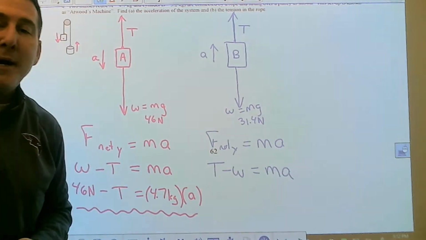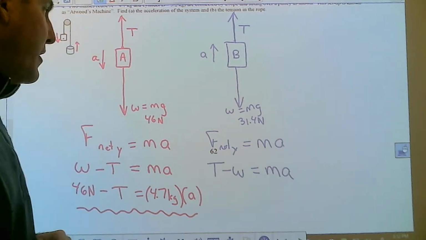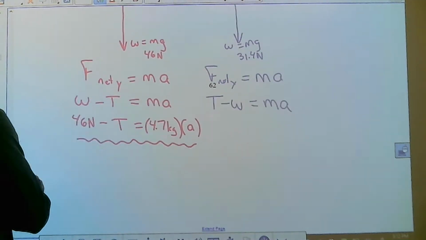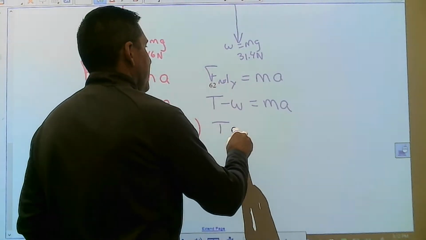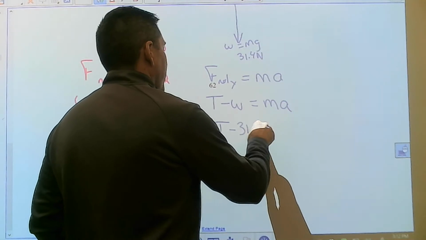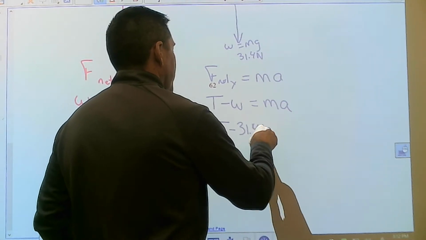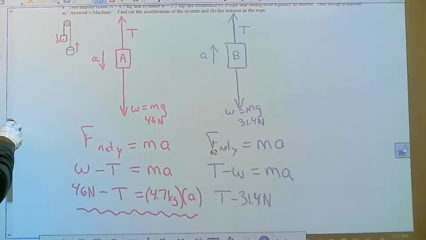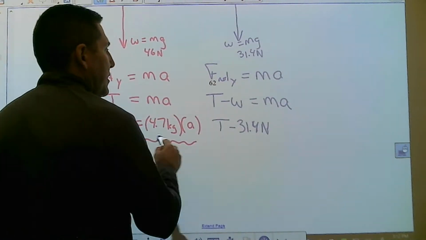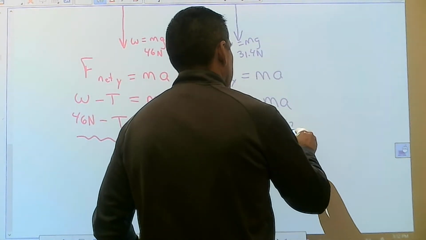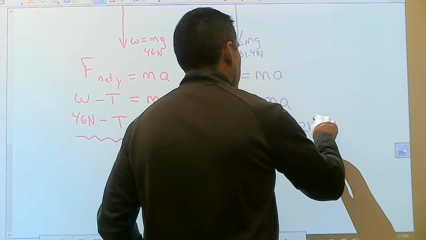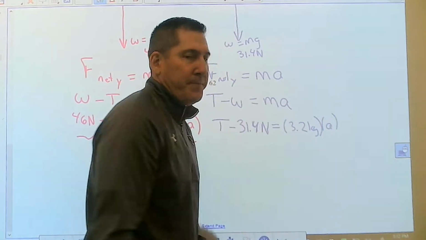So my tension is my positive force, my weight is my negative force. Well, I don't know the tension. The weight is 31.4 newtons. I know the mass is 3.2 kilograms. And I don't know the acceleration.